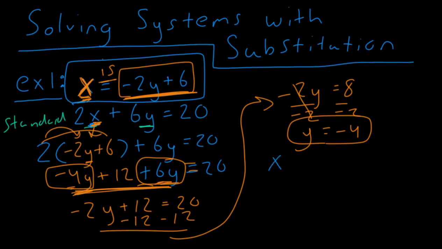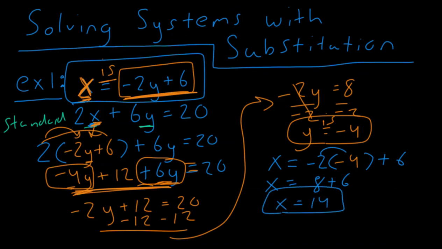Let's write it as such. x equals negative 2, big parentheses in place of y, plus 6. And so if I ask you, okay, well, what is y? Remember, we can say that y is negative 4. And from here, we can solve for x. Negative 2 times negative 4 is going to be positive 8 plus 6. And so we know x is equal to 14.